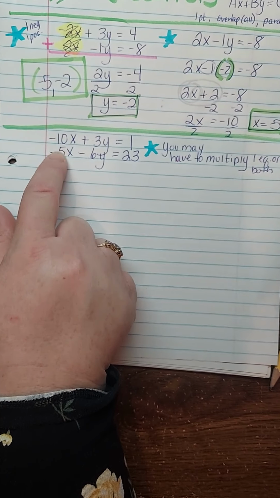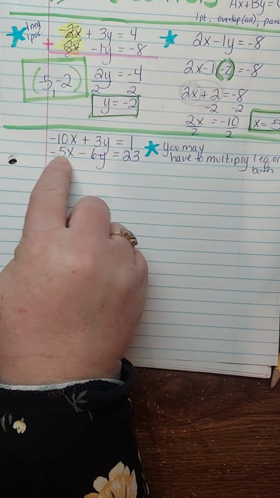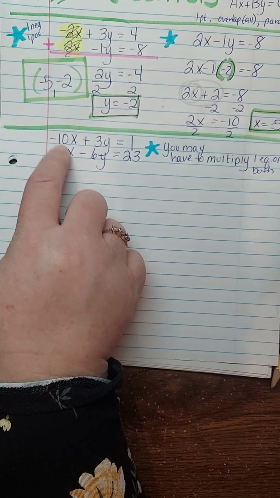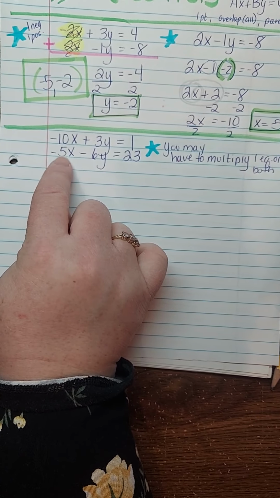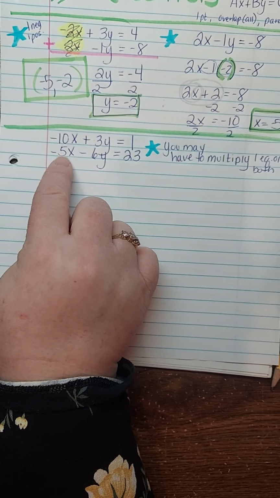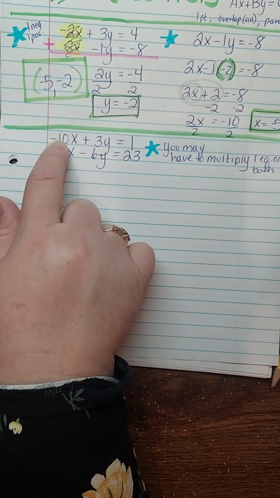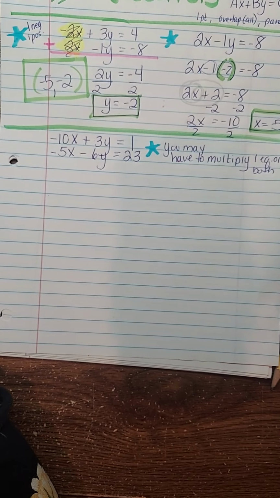Well, you know what? I could do the x's, couldn't I? So this is 10. What can I multiply this 5 by to get 10? Well, I could do 2. But remember, my other piece is one has to be positive, one has to be negative.